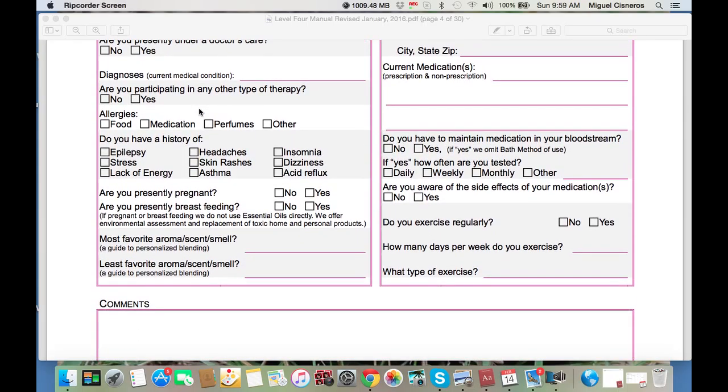The next question is most favorite aroma, scent, or smell. This gives us a guide and can guide us to positive smell recognition and negative smell recognition. I used to ask a question when I worked at a psychotherapist's office on cases of depression and other cases of behavioral problems.